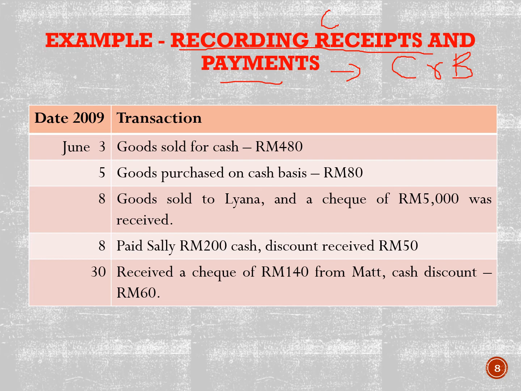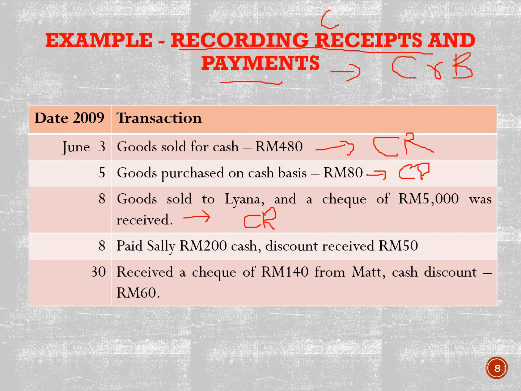Goods sold for cash, maksud dia kita jual untuk cash and then kita mesti dapat cash tu, so cash receipt. Kalau kita purchase on cash basis, this is cash payment.